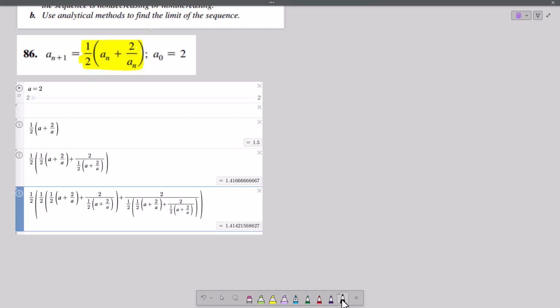You can reconceptualize this and think of this as two sequences, one on the left and one on the right. The one on the left is the sequence a sub n plus 1, and on the right, you have the a sub n sequence. You can think of them as separate sequences.